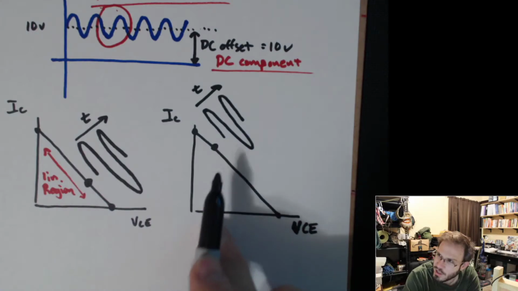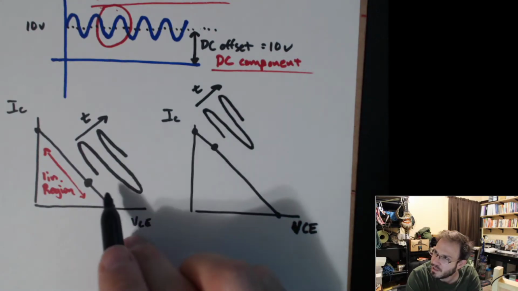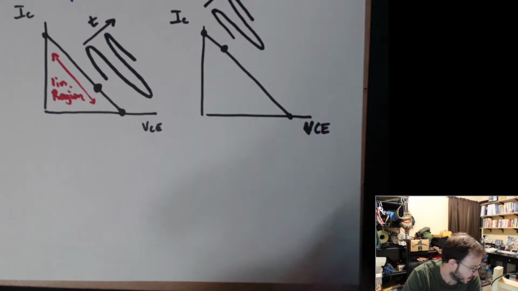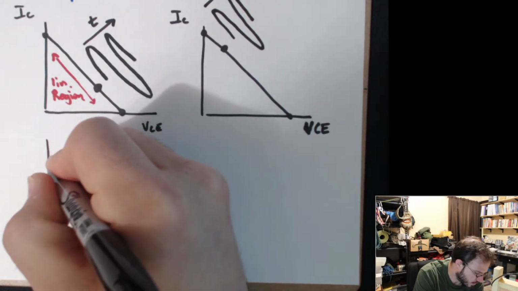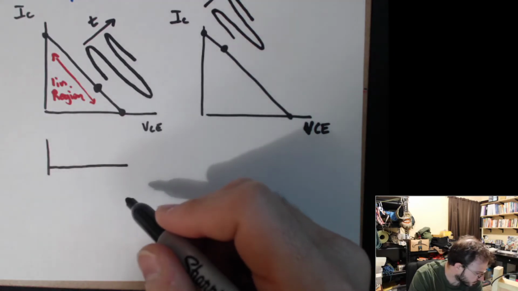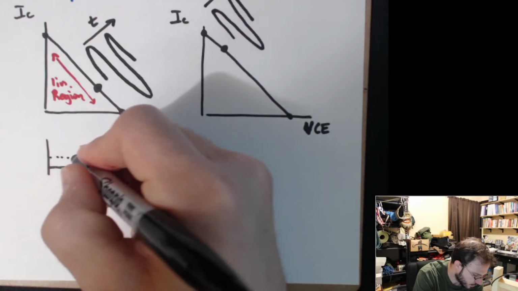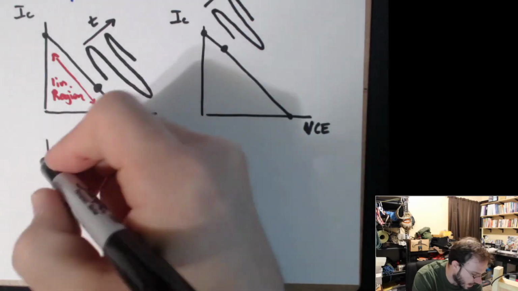So we need to make sure that we have enough room to go up, and we need to make sure that we have enough room to go down. If we don't, let's say over here we got a very small DC offset.